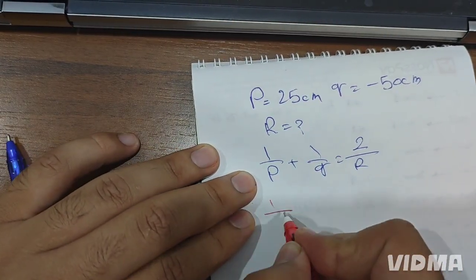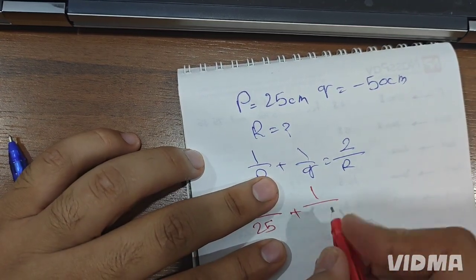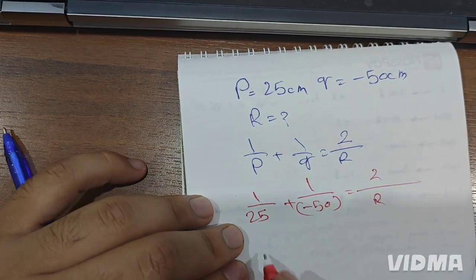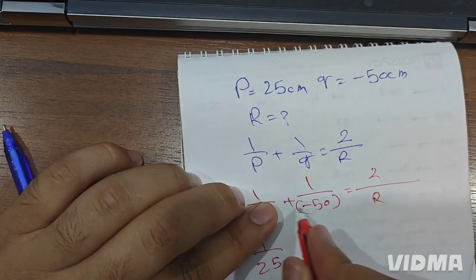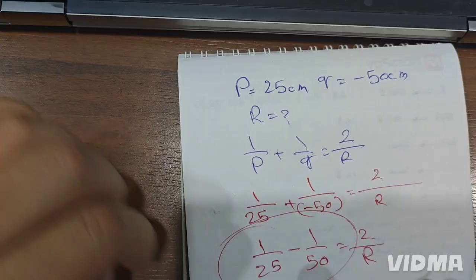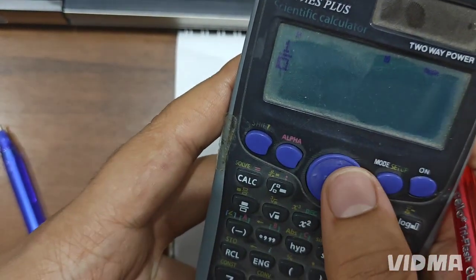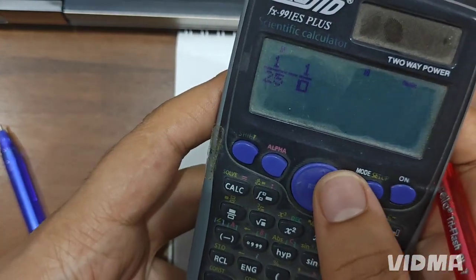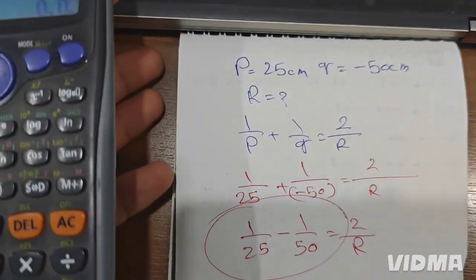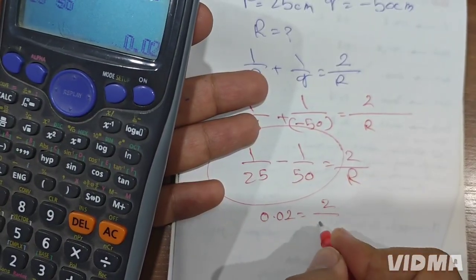So the value of P, 25, plus the value of Q, negative 50 inside the bracket, equal to 2 over R. Bring down 1 over 25, negative, the different sign still will be negative, 1 over 50 equal to 2 over R. So here, 1 over 25 minus 1 over 50, and the answer is 0.02. The answer 0.02 equal to 2 over R.